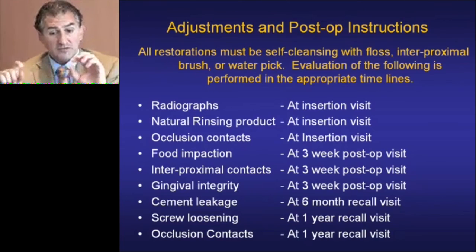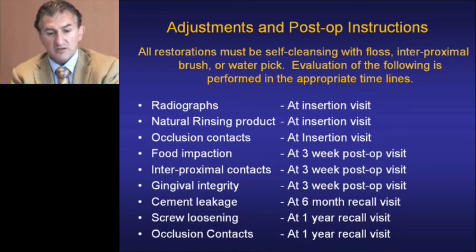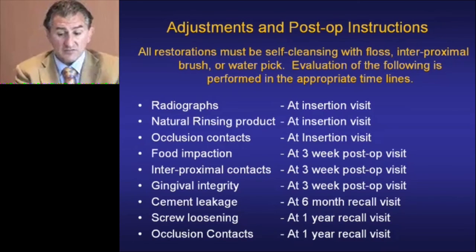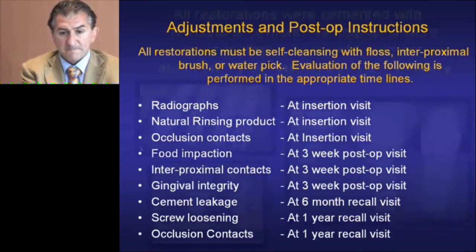Occlusal contacts are checked at the insertion visit. Food impaction is checked 3 weeks post-operatively. 6 months later, we check for cement leakage or decementation. And in 1 year, we recall the patients for screw loosening. With the internal connection, we haven't seen any screw loosening in the last 4 years. But we definitely have seen some occlusal contact changes, so it's something to be wary of.